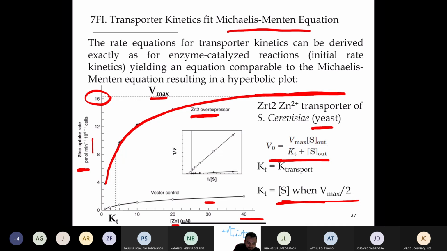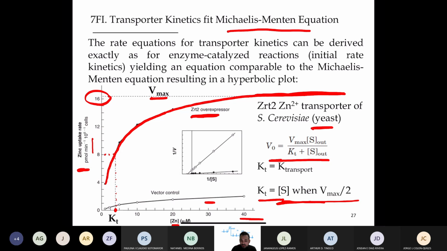If you look at the plot, where you reach the half maximum velocity, which would be 8, and bring it down here, you can determine the concentration at which you achieve half the maximum velocity. That's the parameter KT in the Michaelis-Menten equation.